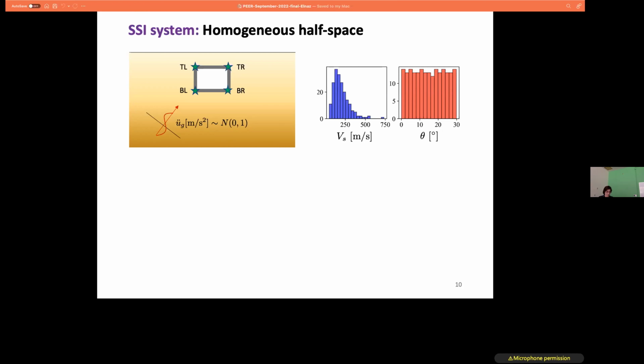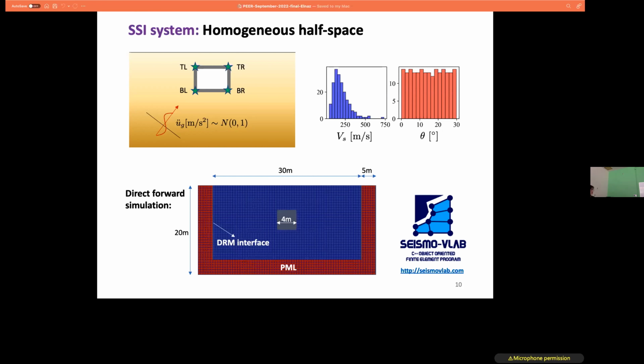So we need to generate our database. For generating data, we did direct forward simulations using a direct modeling approach. For all the modelings, we use Seismic lab, which is an open source finite element solver suitable for soil structure interaction problems.